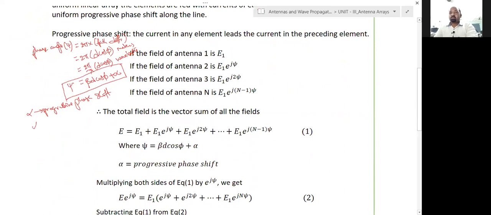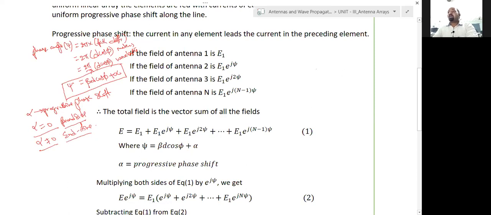For example, if alpha is equal to 0, then it is called broadside, right? If alpha is not equal to 0, it is end fire, right?